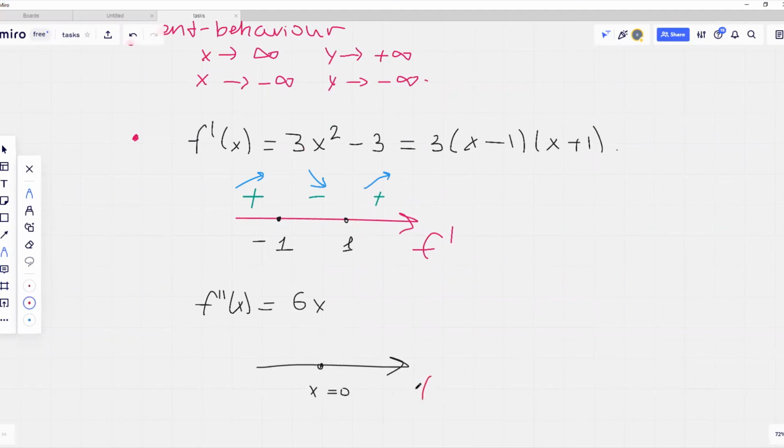So if we study the signs of f double prime, it is positive from 0 to plus infinity, meaning that our function is concave up from 0 to plus infinity, and it is concave down from minus infinity to 0.